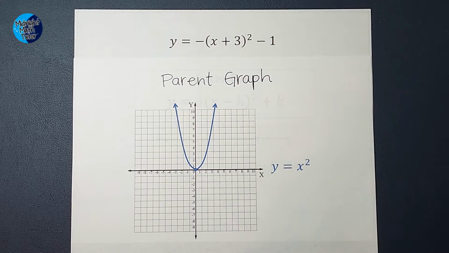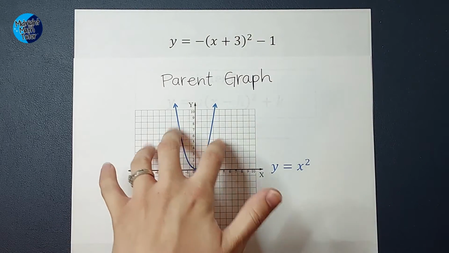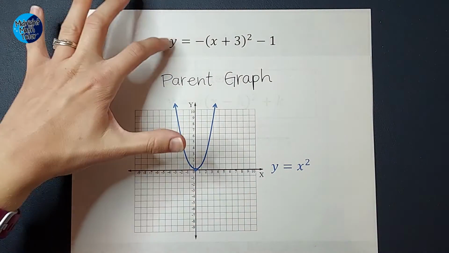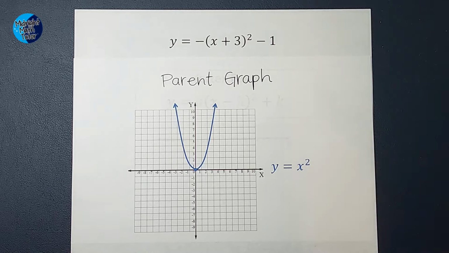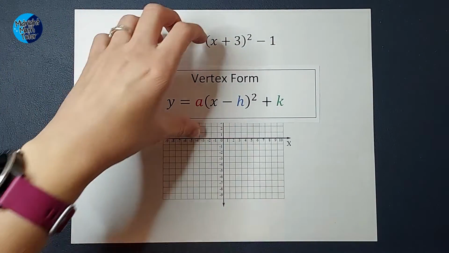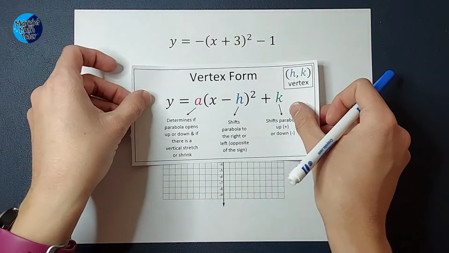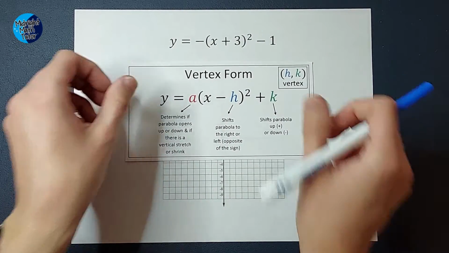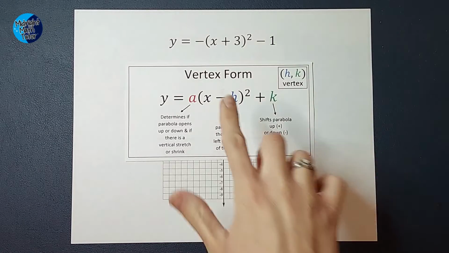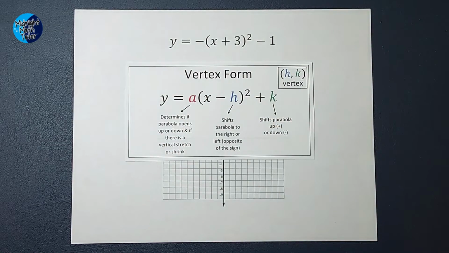The cool thing is this parent graph is going to show me how to graph this since I'm in vertex form. It's going to be basically the same graph, just moved around, tweaked, if you will. Let me get my one with the words for people who like words. So, the number out in front of the parentheses.